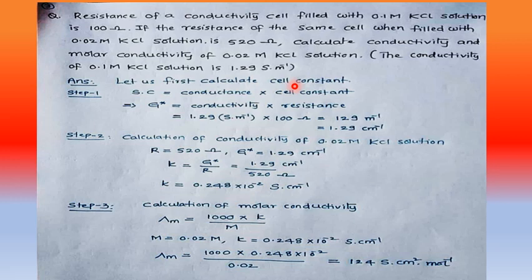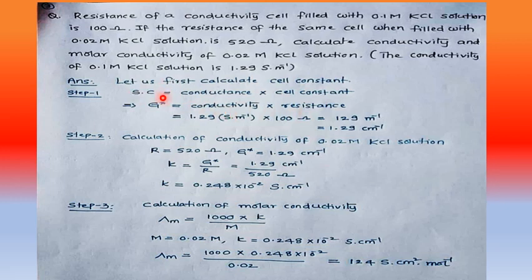So in step 1, by using the relation specific conductance equal to conductance into cell constant, rearranging, cell constant equal to conductivity into resistance, since 1 by conductance equals resistance.